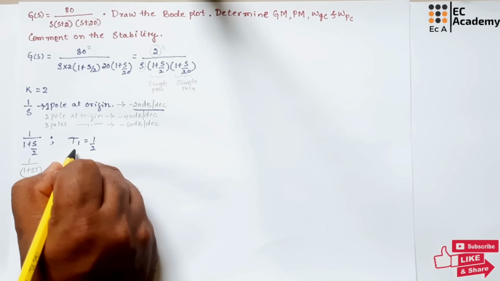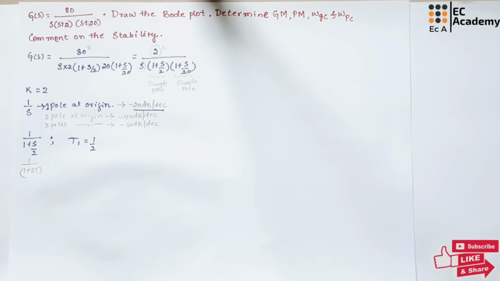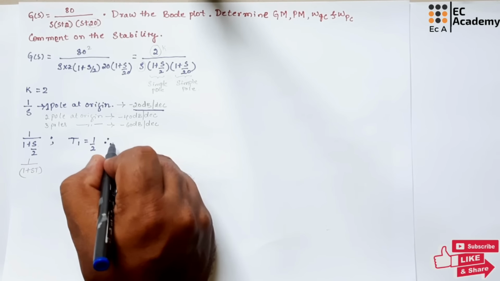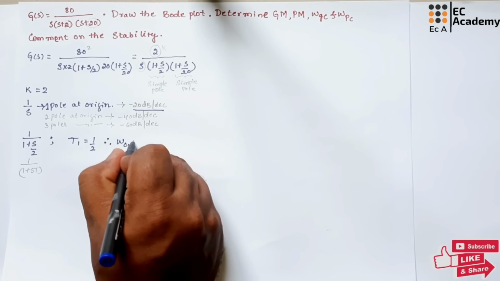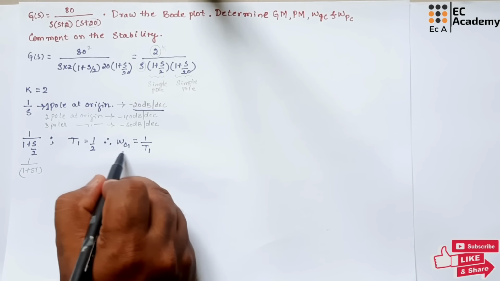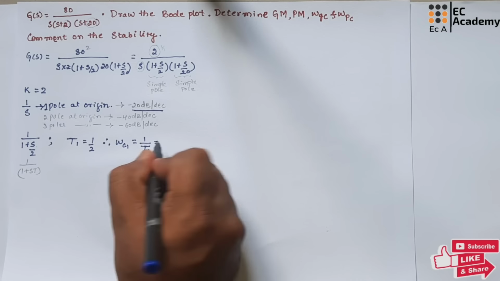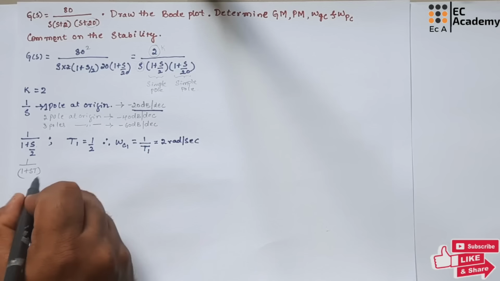Since we are writing the first simple pole, we will write this as T1 is equal to 1 by 2. From this we can write frequency is inverse of time. So we can write omega c1 is equal to 1 by T1. This frequency we call as corner frequency. So 1 by T1 we can write as 2 radians per second. So this is one corner frequency.